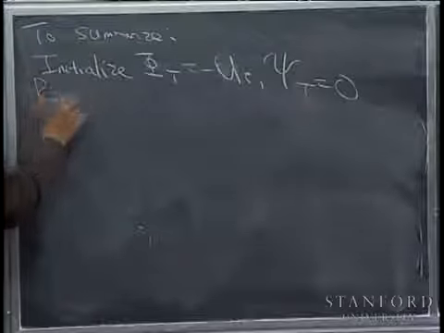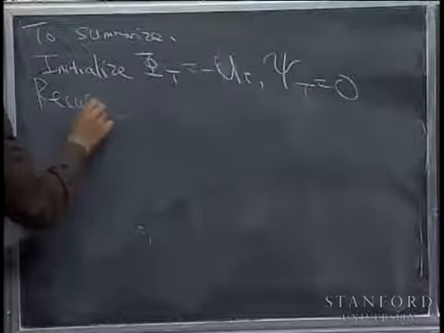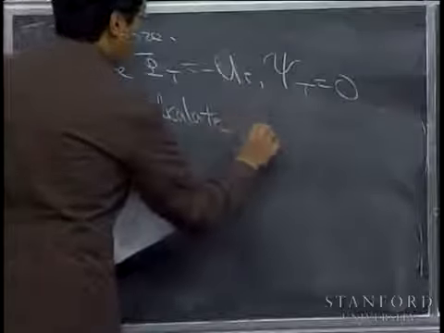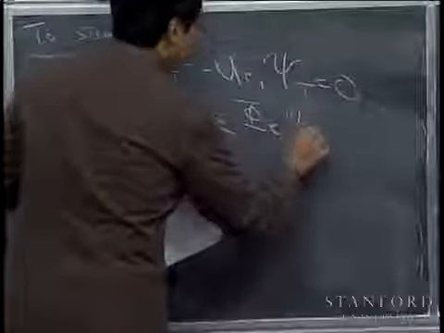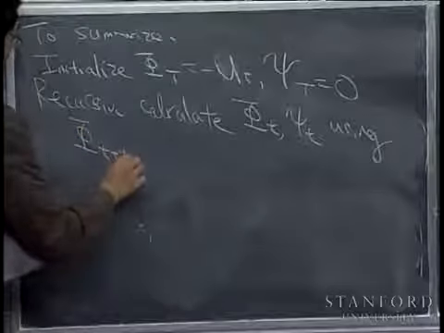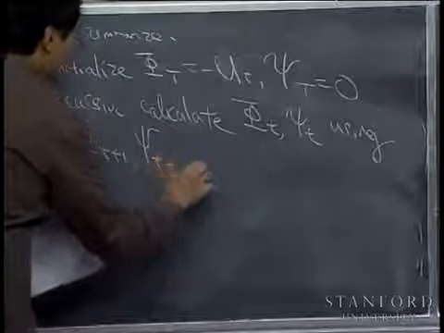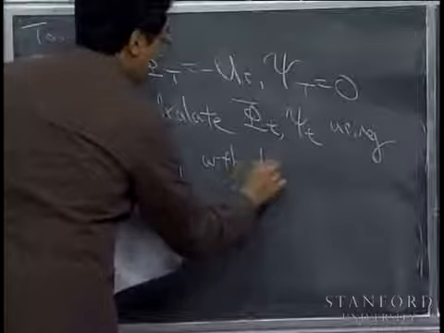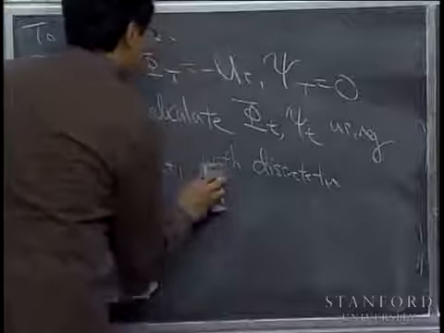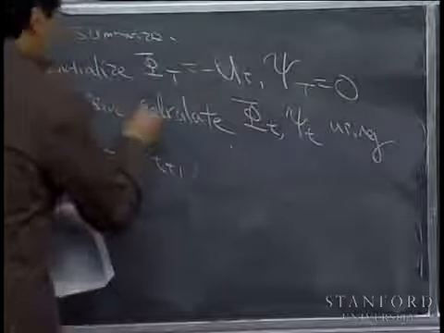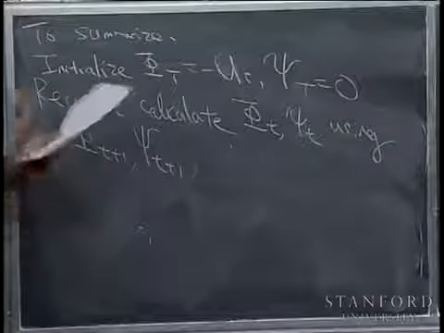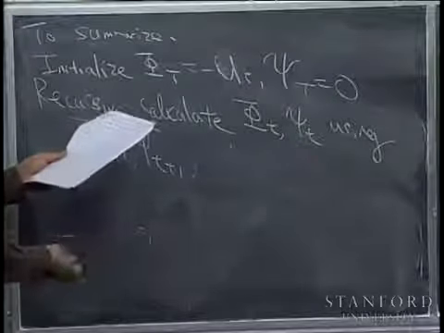And then recursively calculate phi t and psi t as a function of phi t plus 1 and psi t plus 1, using the discrete time Riccati equation, as I showed.